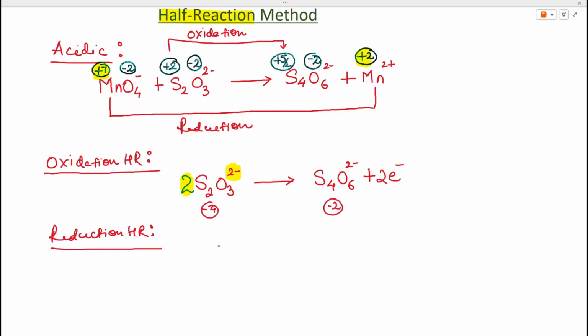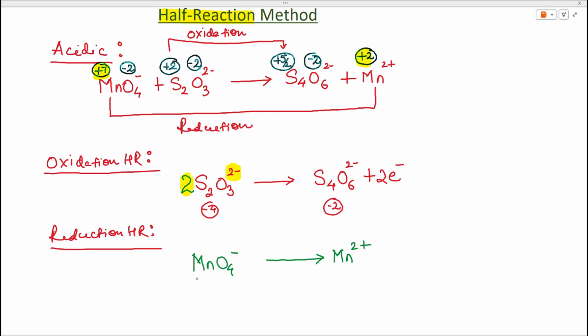Now let us take the reduction half reaction and balance it. So our reduction half reaction now is MnO4 with a negative charge, and this gives us Mn with a 2 positive charge. So the first step again, balance all other atoms except for hydrogen and oxygen. So we have only manganese.